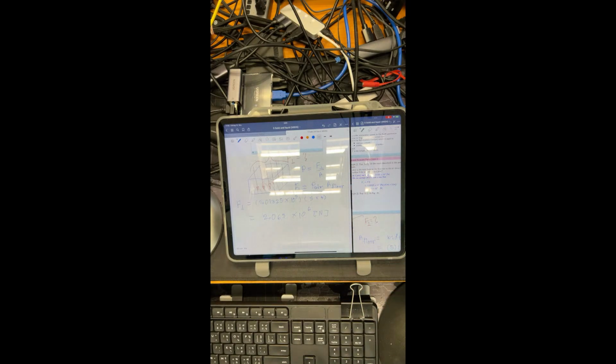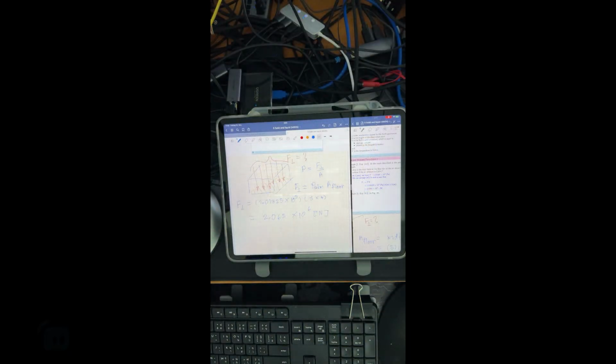I don't know whether the overhead camera is picking up a reflection, so let me turn off the light and see. For those watching from the iPad camera, I hope there is no light reflection and you can see well. Let me check on this one, Streamlabs. I'm not sure you can see me well.